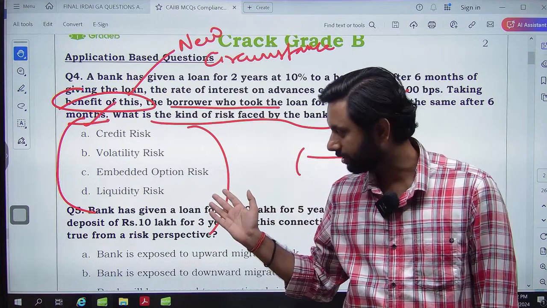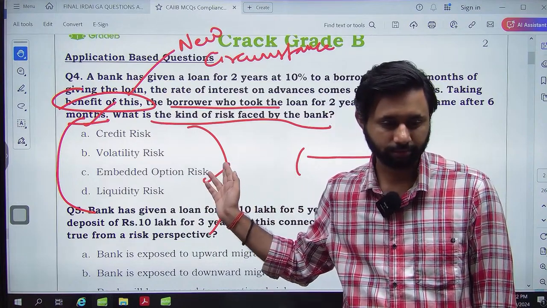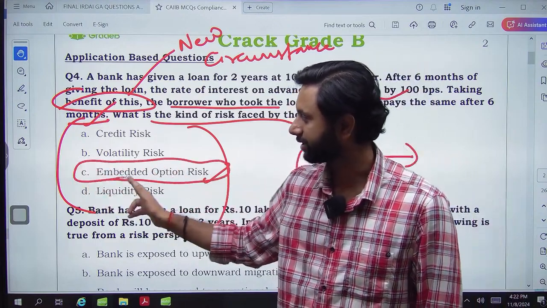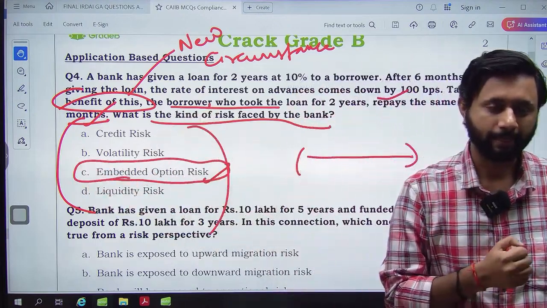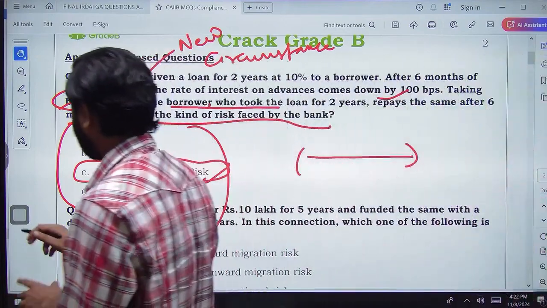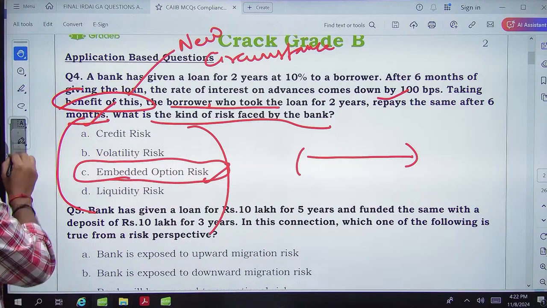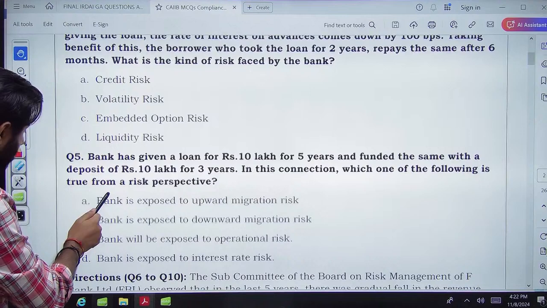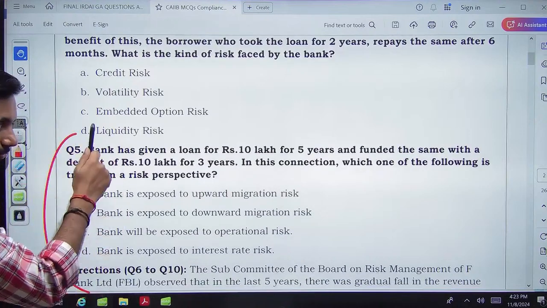And what is that answer? Options, isn't it? So embedded option risk is the correct answer for this, in which the banks face such kind of risk because they have a provision which allows the borrower to do so.